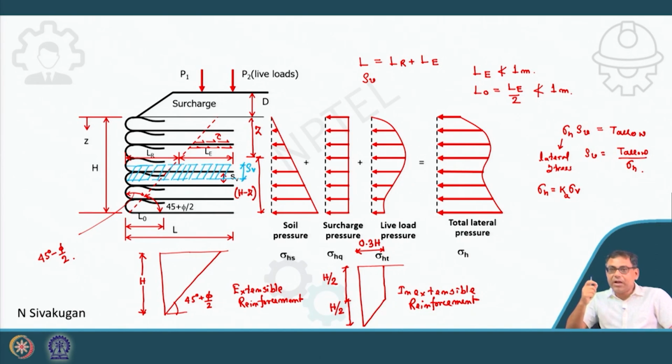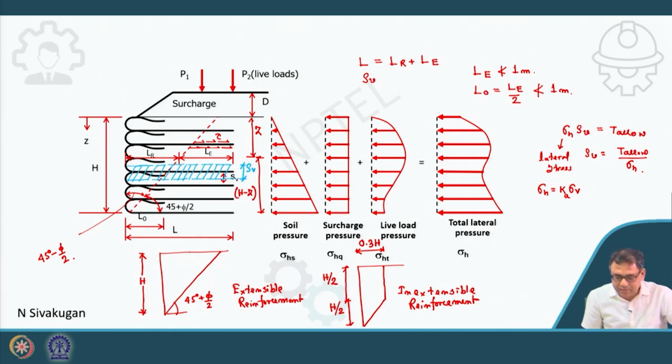That will be your tension resistance, or resistance against tension, and that is acting on both surfaces of the reinforcement, because it is horizontal. On this side also soil, top is also soil, below is also soil. So, there will be friction on both surfaces.